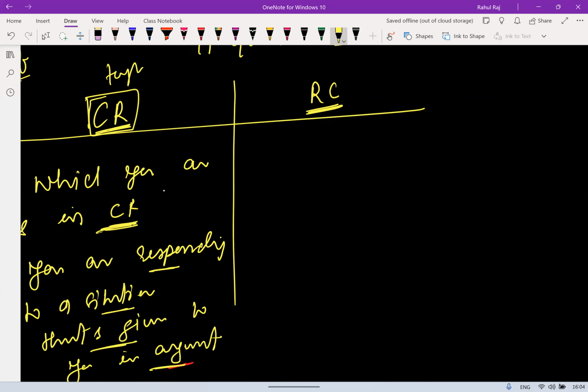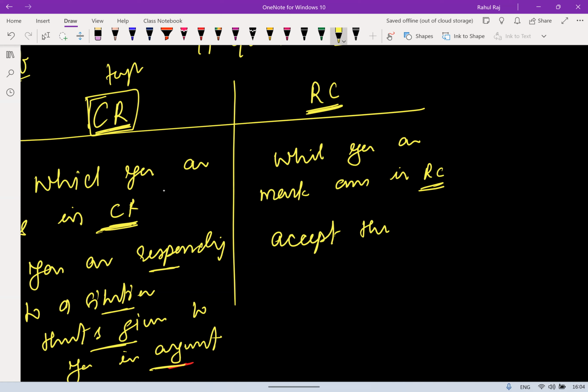While you are marking answers in reading comprehension, you essentially accept the information from the passage while you are answering the question. So if your acceptance is all right, you will not go wrong in reading comprehension for sure. If you understand what the author is trying to say from the passage, and the structure of the passage is very fine.